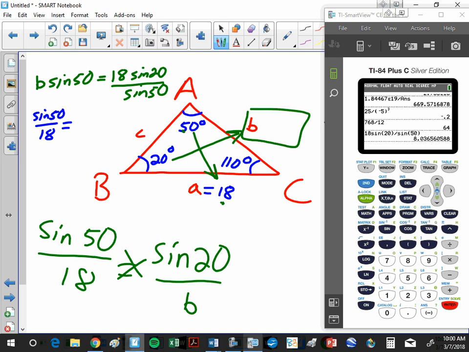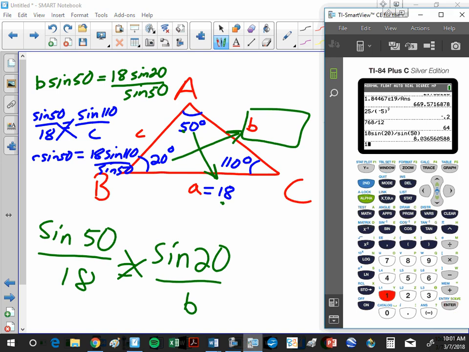So sine of 50 over 18 is equal to the sine of 110 over c. Cross multiply. C sine 50 equals 18 sine 110, and then I divide by the sine of 50. So 18 sine of 110 divided by the sine of 50.